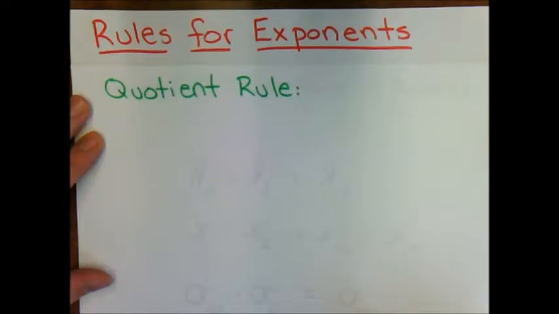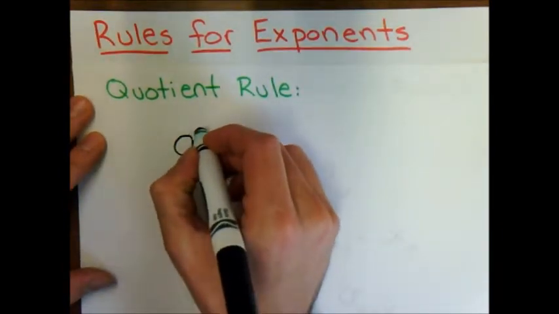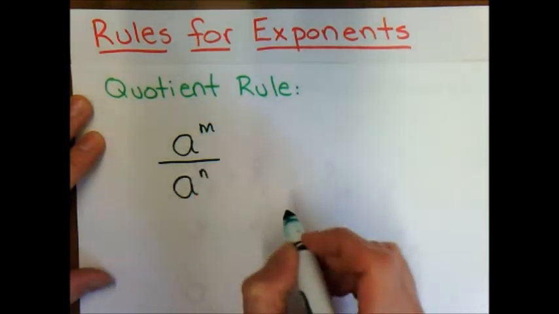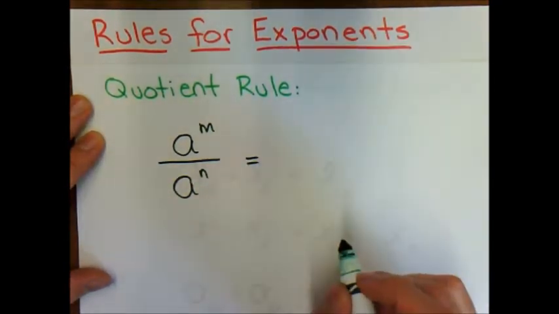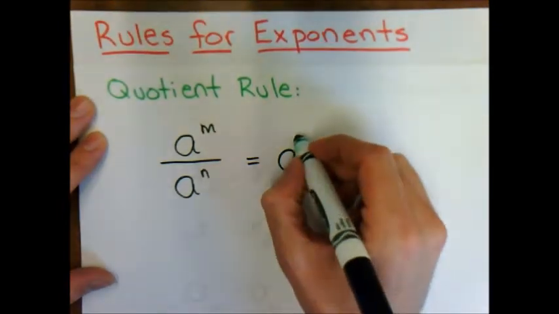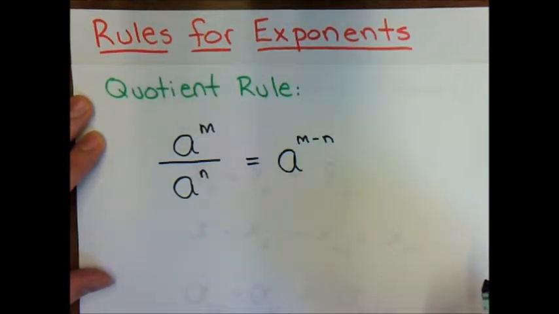Okay, the quotient rule, really just the product rule in reverse. Here we have an exponent with the base and the same base it's divided by, and the result of this is simply a to the power of m minus n. So when we divide two exponents with the same base, we keep the base, subtract the powers.